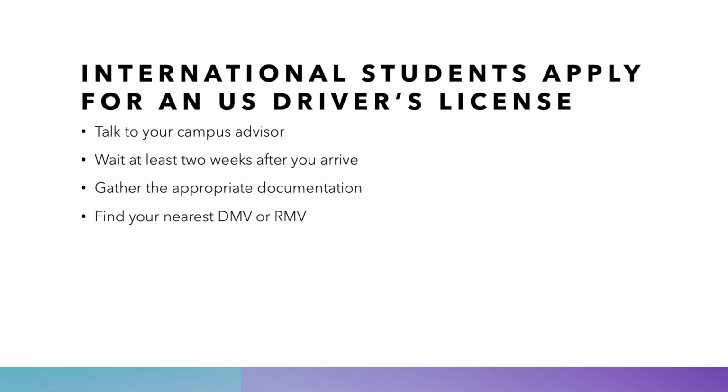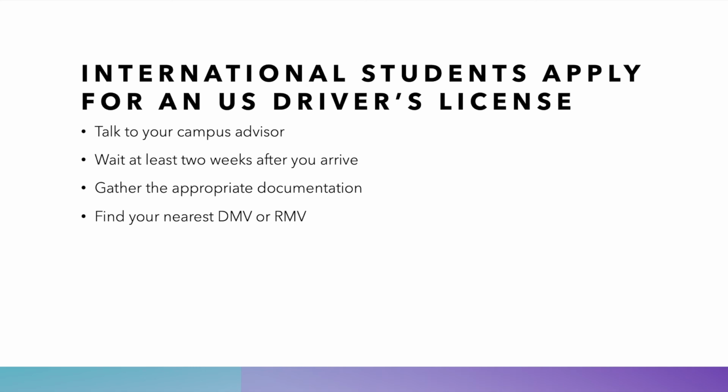Then you need to wait at least 2 weeks after you arrive. You may be excited to get your new license immediately after arriving in the U.S., but be patient. Before you can apply for a state license as an international student, your Student and Exchange Visitor Information System record, known as the SEVIS record, must be active.